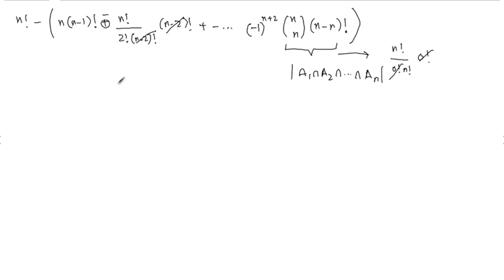Okay, now what I will do is I will take n! common, so I'll say n! times (1 minus, now this guy is what? 1 over 1!. This guy is what? 1 over 2!. Then we have 1 over 3!, and then plus minus, and then we can get (-1)^(n+1) times 1 over n!).